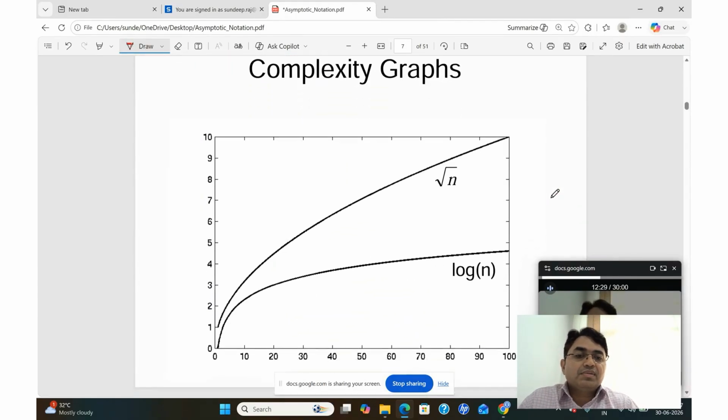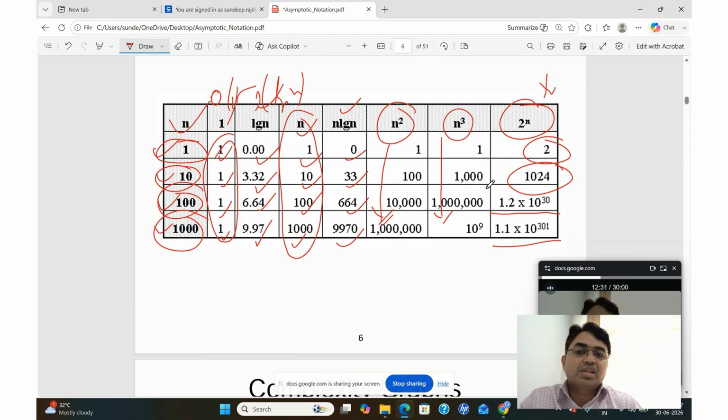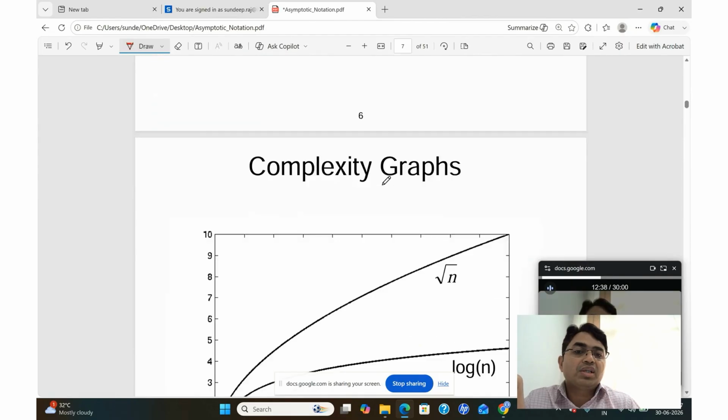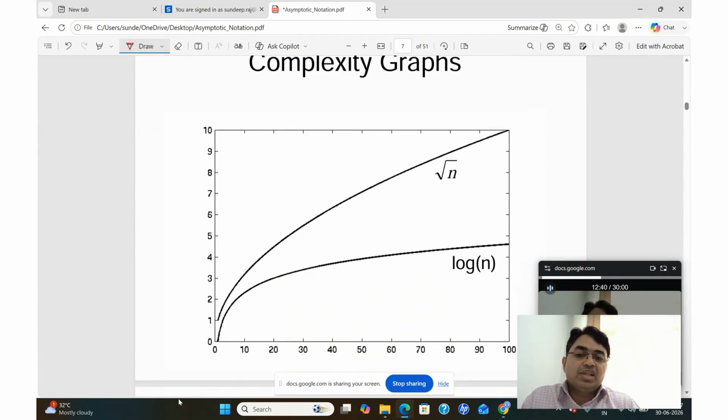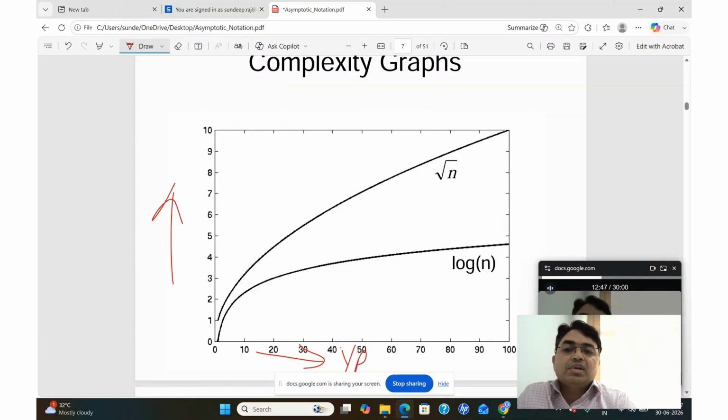Coming to the complexity graphs, these complexities were order of 1, log n, log squared n, n cube, 2 raised to the power n. If we draw these complexities with respect to the number of inputs, with the number of inputs on one axis and the number of steps taken, or the primitive steps, or the computational time on the other, log n will be the smaller one.